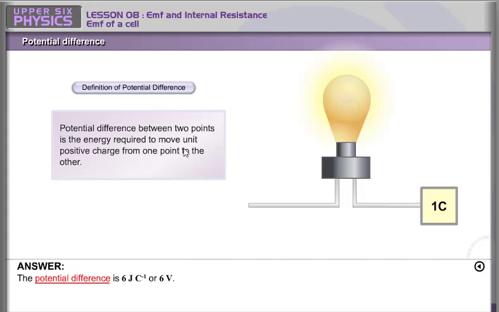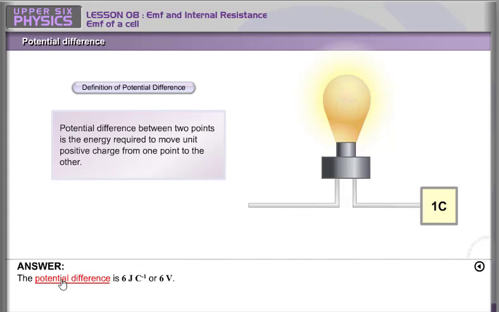Remember, energy is required to move a unit positive charge from one point to another. So let's say 1 coulomb of charge is moving. As a result, 6 joule of energy is being dissipated. So how much is the potential difference between these 2 points?